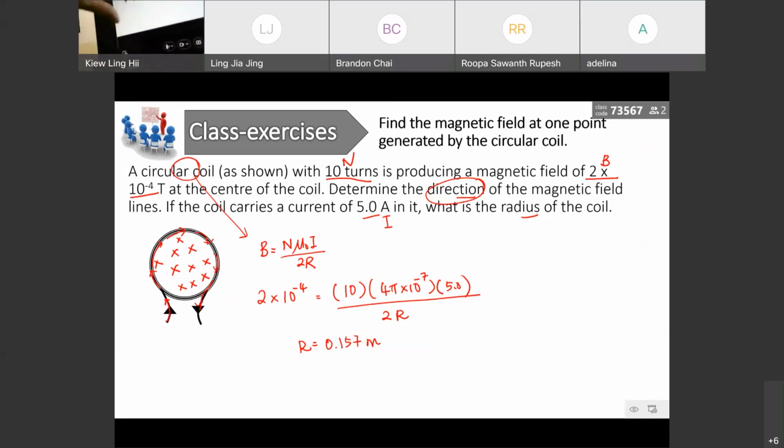So using finger, map the clockwise direction. Where does the thumb show? Going into the screen. So this is the direction pointing towards the center of the coil. Okay?